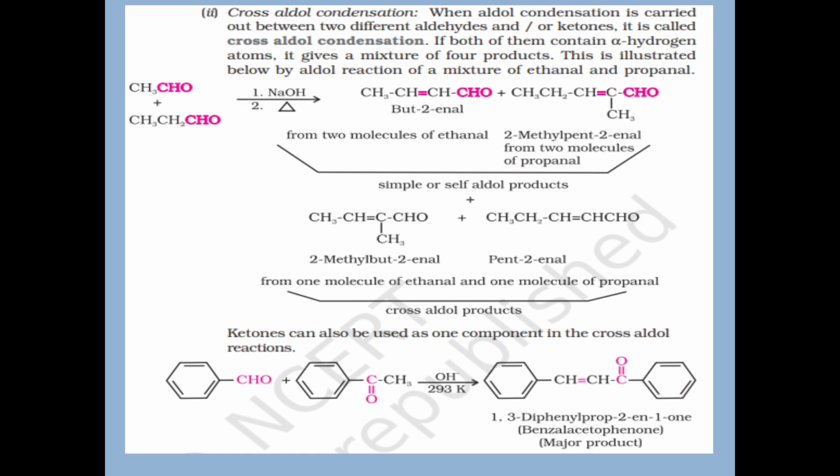It is the cross aldol condensation. The concentration of the cross product will be higher. This is the major product. So how many products can form here? 1, 2, 3. Three products can form here through cross aldol reaction.